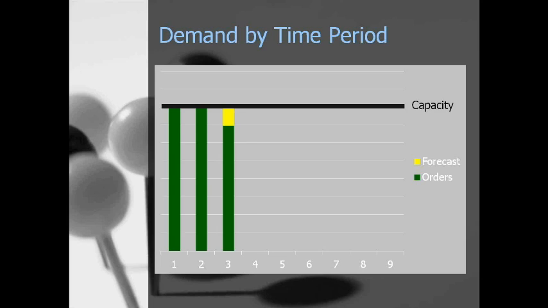In this example here, going out 3 time periods, most of our capacity for the next 3 time periods is consumed manufacturing stuff that we actually have customer orders for. We have promised customers delivery of that material on certain dates. We crafted a plan that, if we execute the plan correctly, it will deliver the product to the customer when we promised that we would deliver it to them.